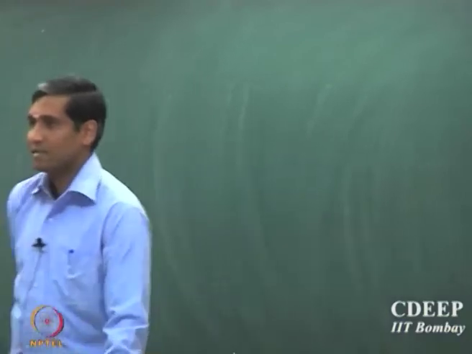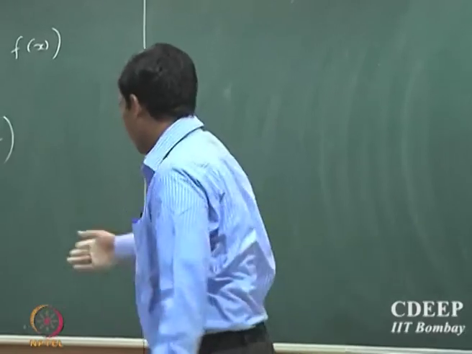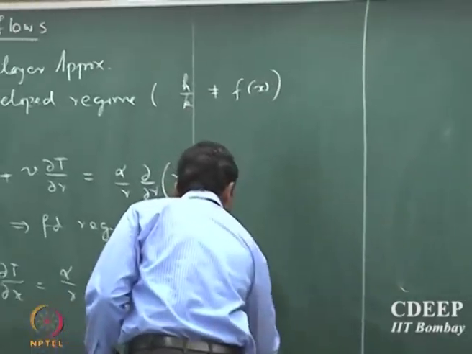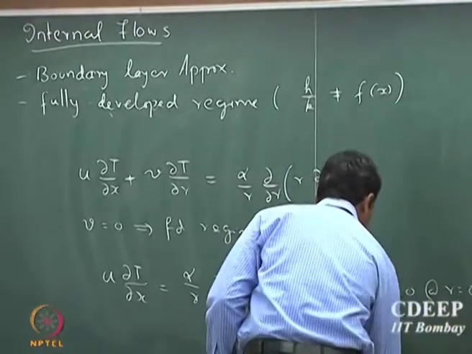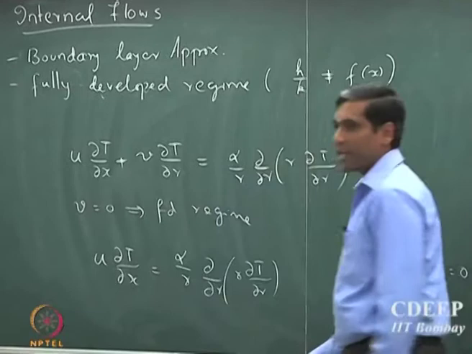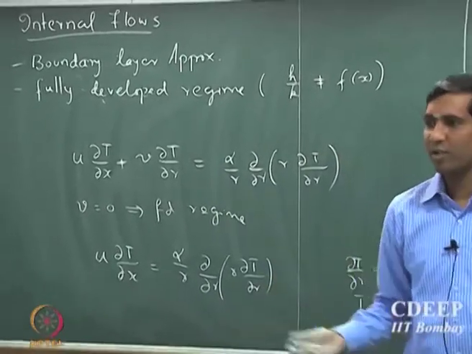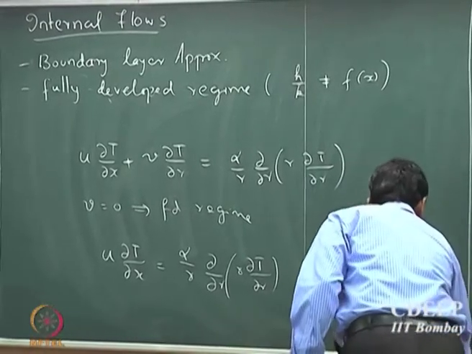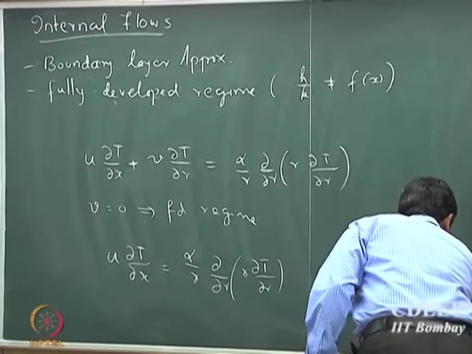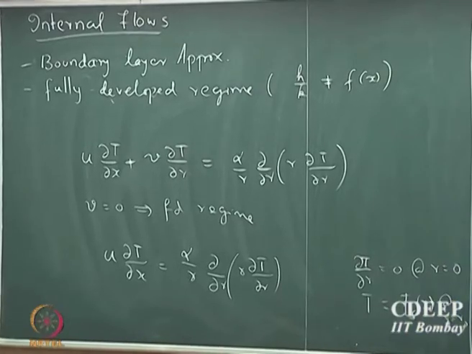Now, how do we solve this equation? Boundary conditions are easy. dT/dr is 0 at r equal to 0, and at r equal to r naught, let us say it is not constant, it is a general boundary condition, T equal to Ts of x.